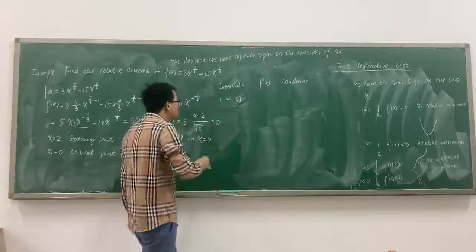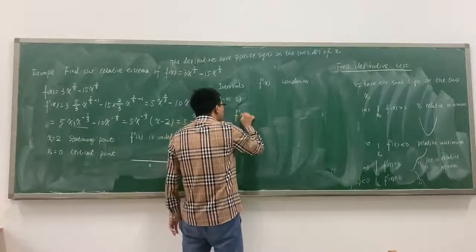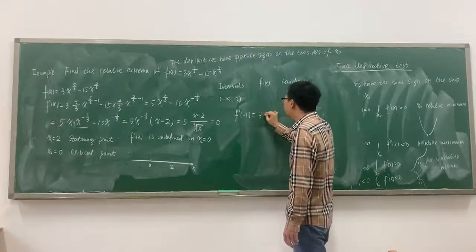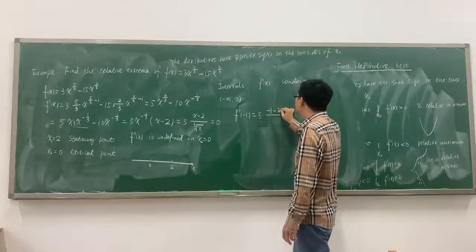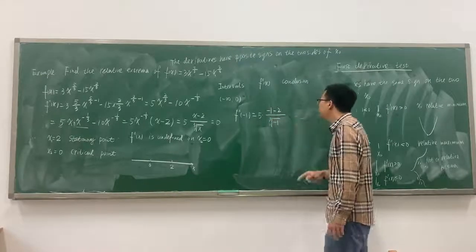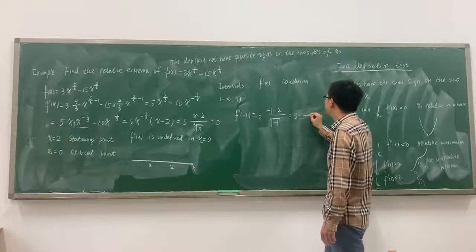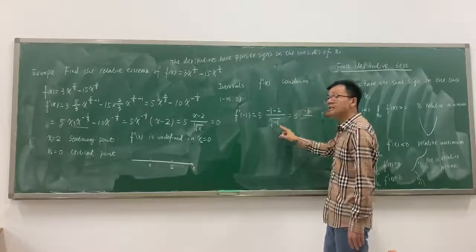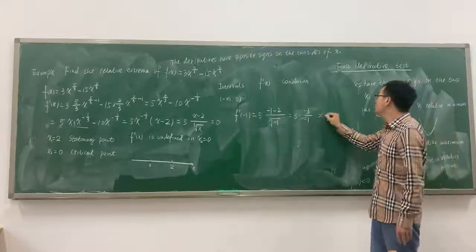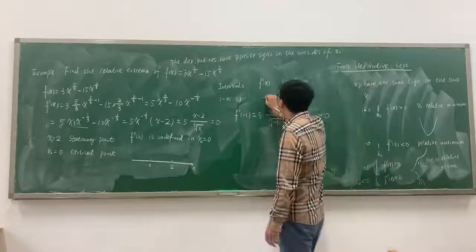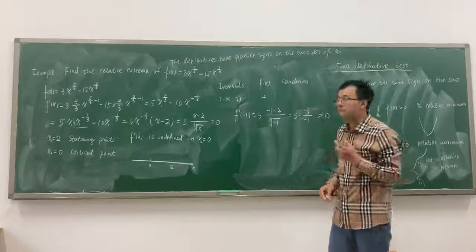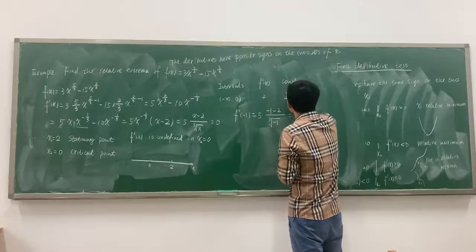F prime of minus 1 equals 5 times (minus 1 minus 2) over the cube root of minus 1. So it is 5 times minus 3 over minus 1, which is positive. So f prime is positive, which means the function is increasing here.